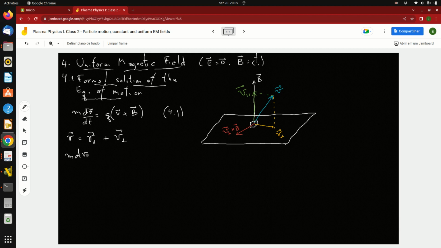It will be m dv parallel dt plus m dv perp dt equal to q times v parallel cross B plus v perp cross B. Well, we know that if V parallel is parallel to B, then the cross product here will be 0.